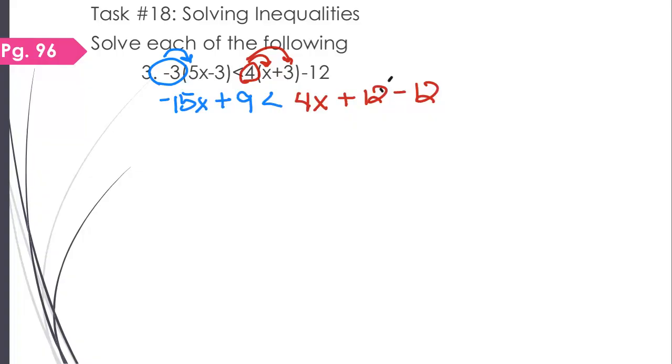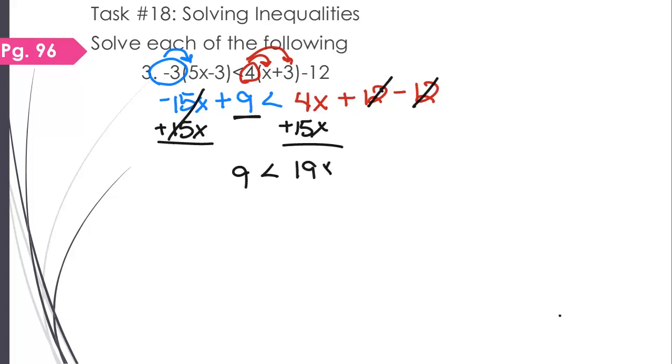When you simplify, the 12s get taken out. I want to move my x's to the same side. The only number I have left is here. So I'm going to keep the number there. And I'm going to move my -15x to the other side by adding it. And so I will add it here. That cancels out. 9 is less than 19x.